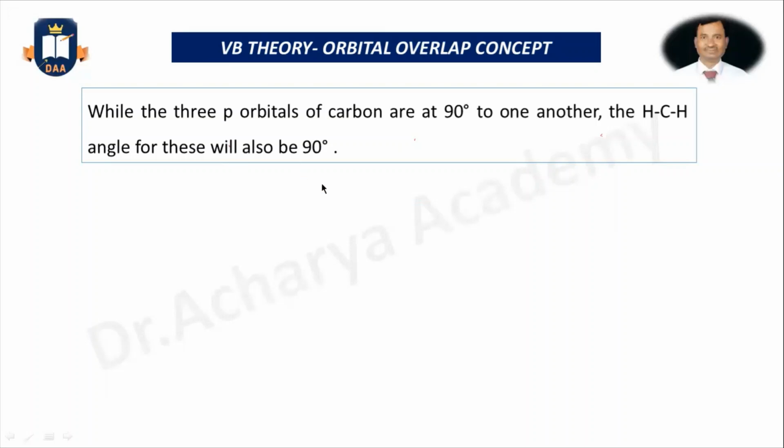Because according to this valence bond theory and orbital overlapping concept, the 3 p orbitals of carbon are at 90 degrees to one another. So the H-C-H angle for these three bonds should also be 90 degrees, but practically it is not like that.